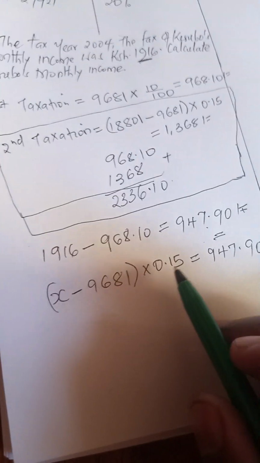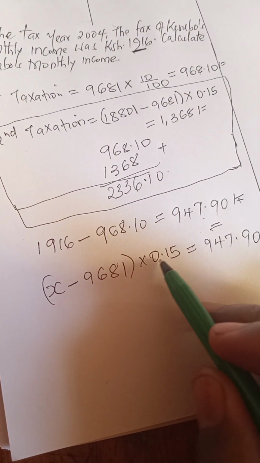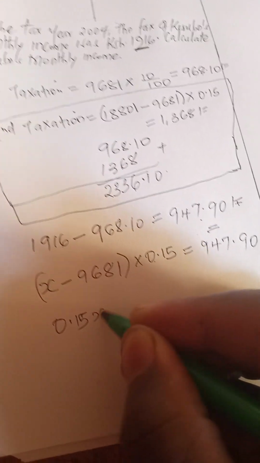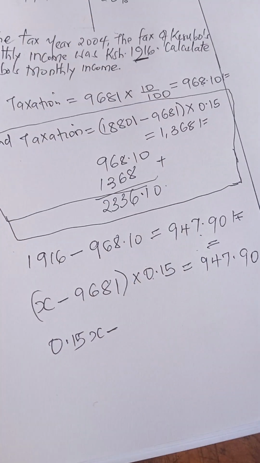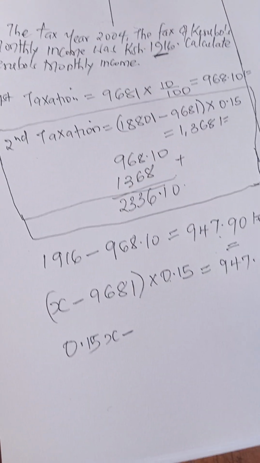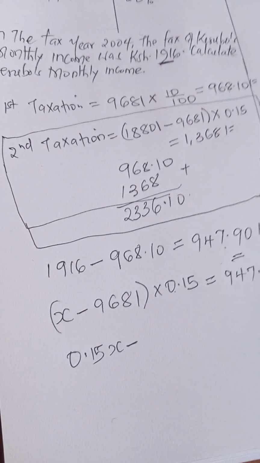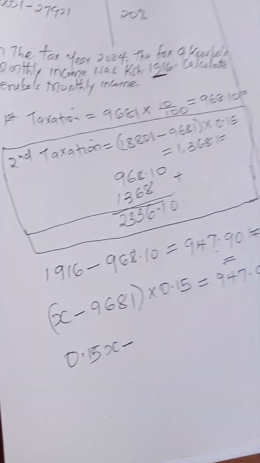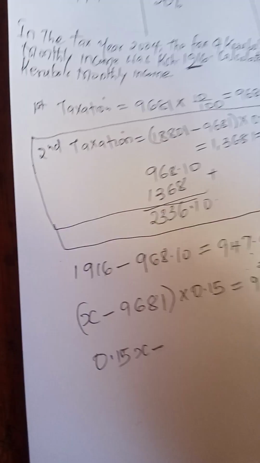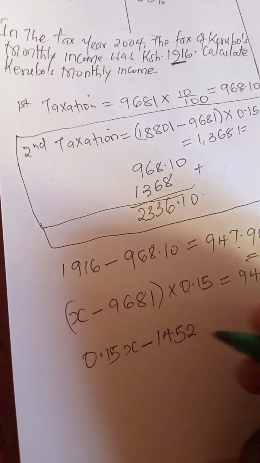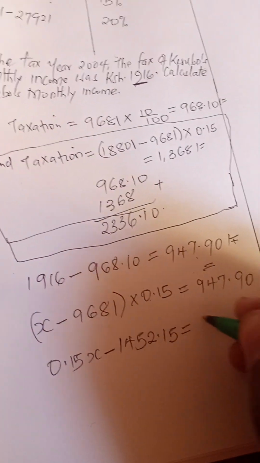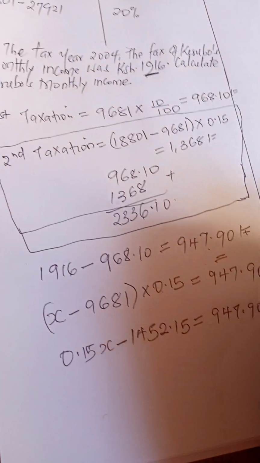So I open the bracket: 0.15 times x is 0.15x, minus 9,681 multiplied by 0.15, which gives 1,452 and 15 cents. We equate this to 947 and 90 cents.